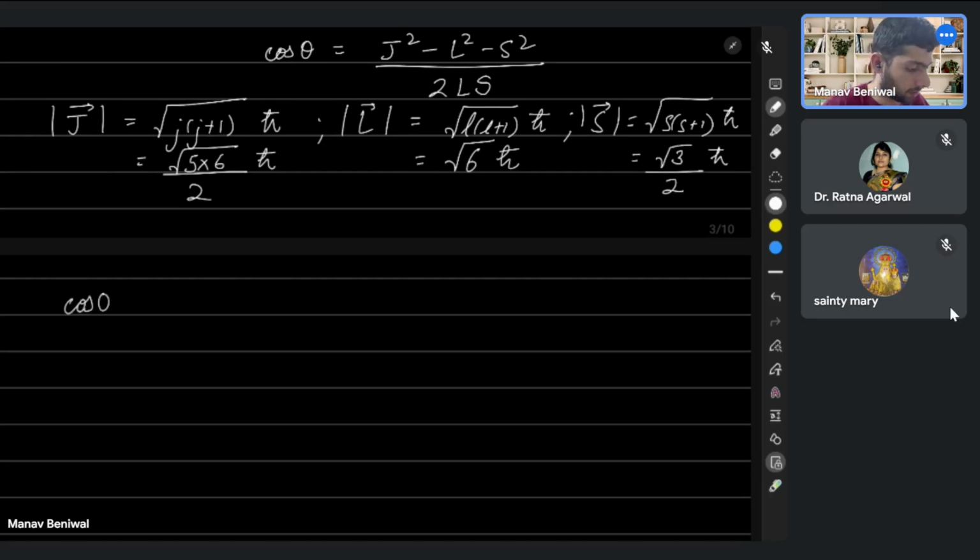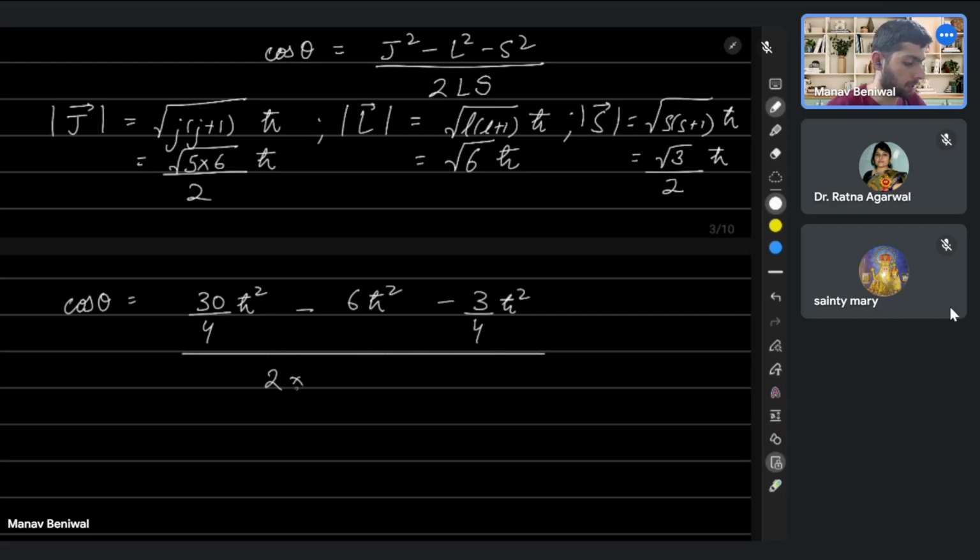We can write cos theta as J squared, which means 35 over 4 h cut squared, minus 6 h cut squared and minus 3 over 4 h cut squared, and divide the entire thing by 2 times LS. So L is root 6 into root 3 by 2 h cut.